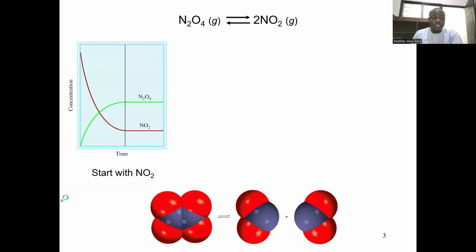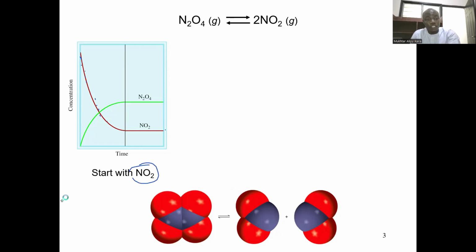Now if you look at it, we start with nitrogen dioxide. You can clearly see the rates from this graph, because this is your reactant. And remember, whenever there is a reaction, before it reaches the equilibrium state, the concentration of the reactant must be decreasing, because in this case, nitrogen dioxide is our reactant.